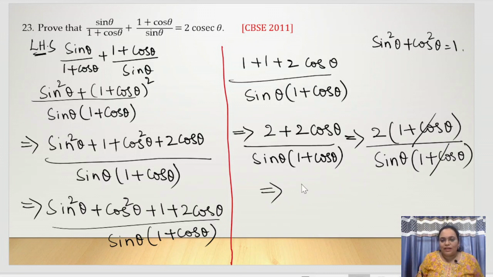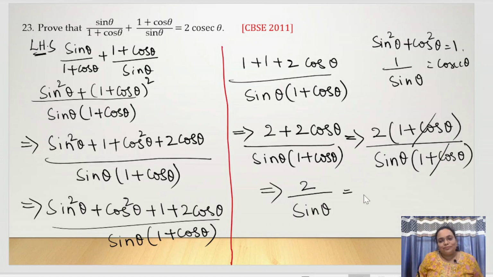So you will have 2 by sine theta. We know that 1 by sine theta is equal to cosecant theta, which is 2 into cosecant theta. This is our RHS. This is what we need to prove. Hence proved.